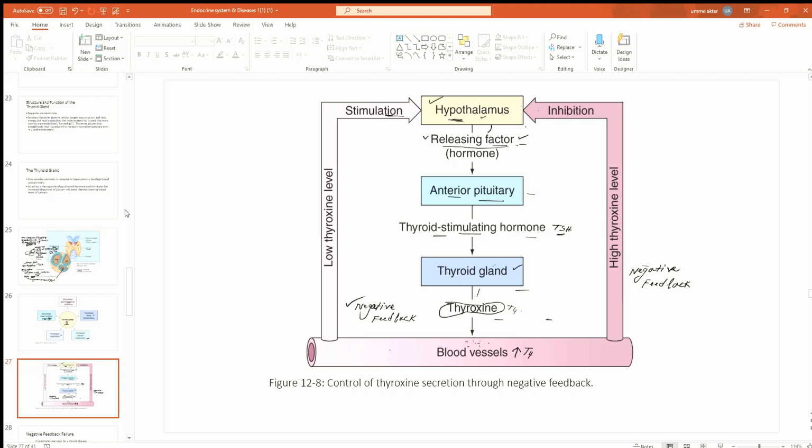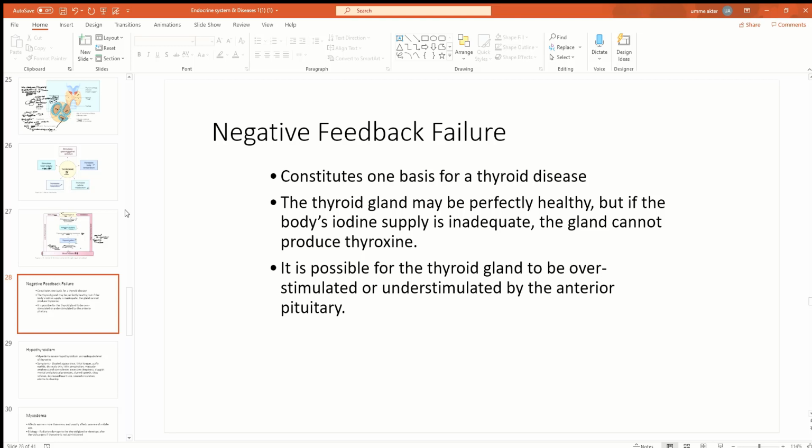So this is the mechanism in most of the cases, okay. Most of the regulation of secretion is controlled by negative feedback mechanism.